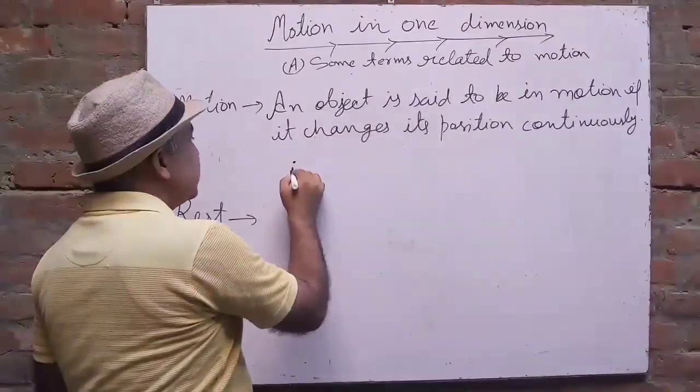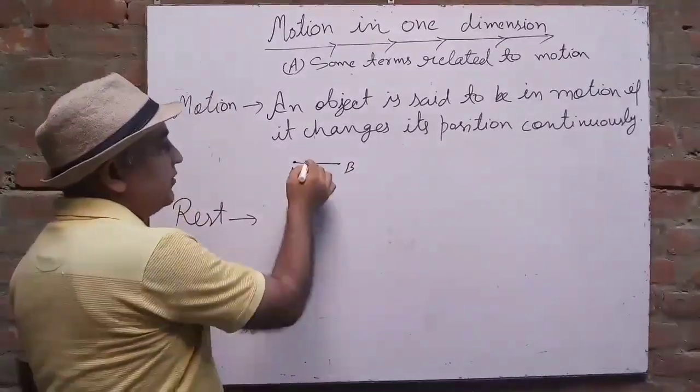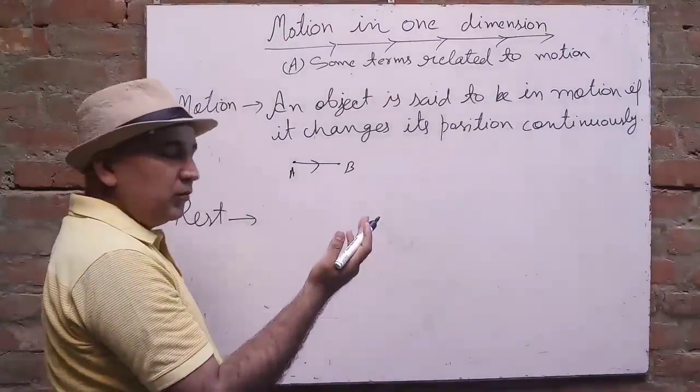Suppose one object is here, after some time it reaches another point, then we will say that the object is in motion.